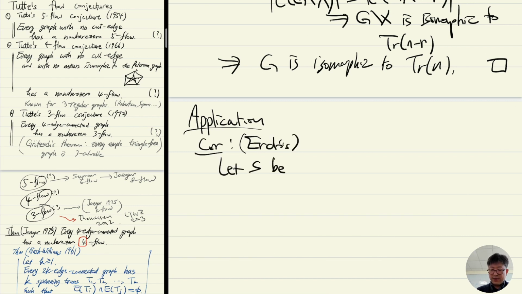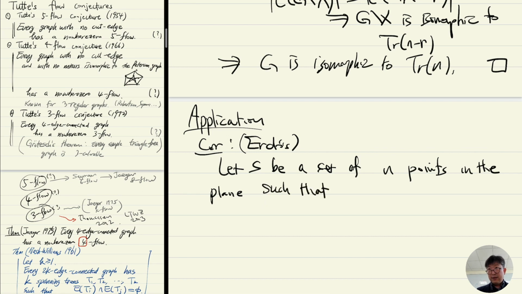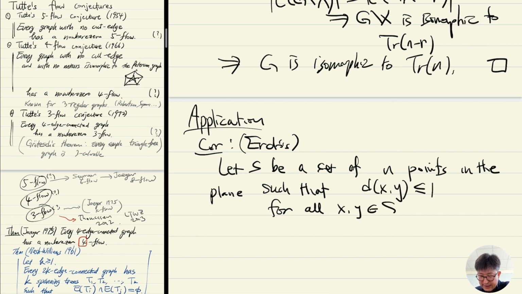Let S be a set of n points in the plane such that the distance between any 2 points is at most 1, for all x, y in S.